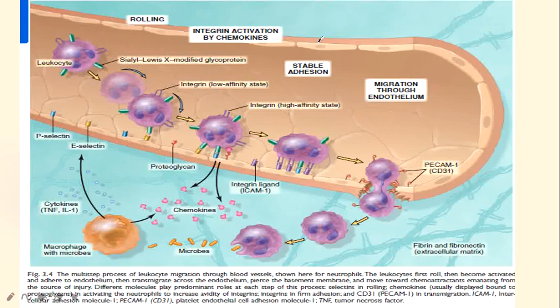Now this figure beautifully explains all the steps. The process of rolling is basically mediated by selectins. Selectins are expressed on the endothelium, and their ligand is sialyl Lewis X modified glycoprotein. Then the process of firm adhesion is mediated by the integrins, and ultimately the leukocytes transmigrate through the vascular lumen into the extravascular space, and they are attracted by chemokines which are produced by the inflammatory cells and by certain chemoattractants which are produced by the microbes.